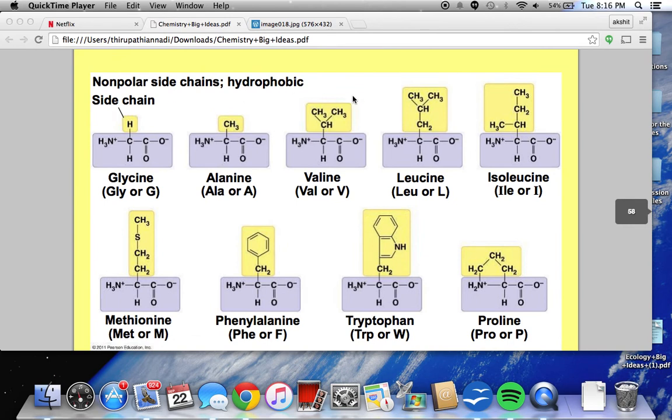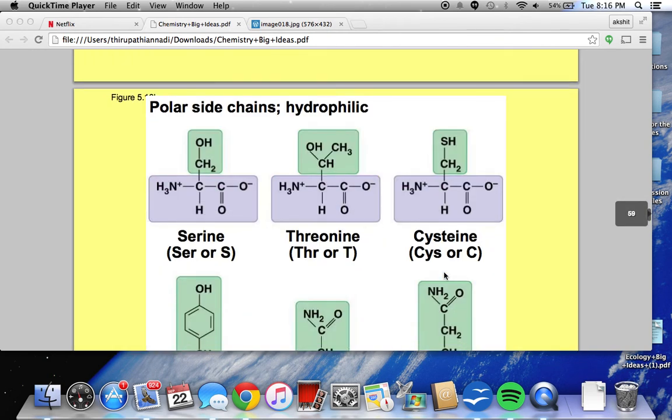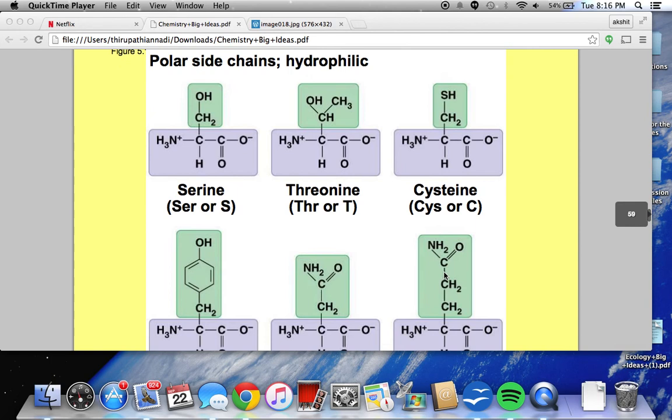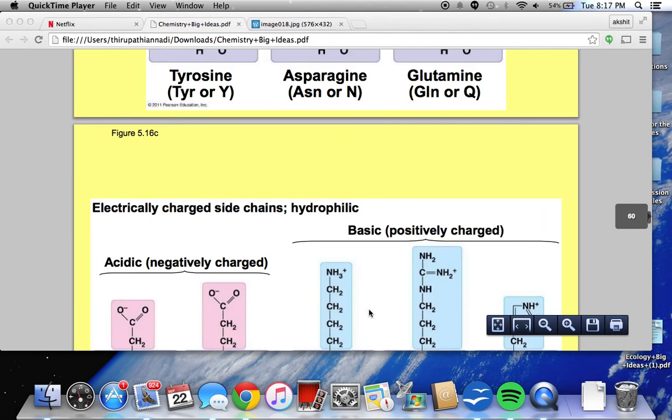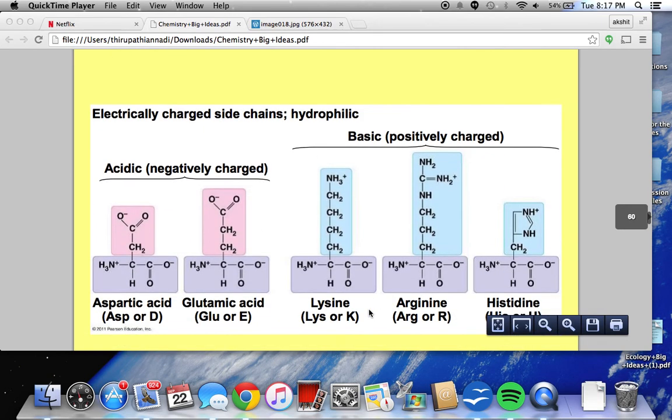These are the non-polar ones. These are the ones that don't like water because they're mostly just carbon and hydrogen. You need to note that they're hydrophobic. These are the polar ones that are hydrophilic because they have a polar group, so they're attracted to water. You can see it's because of some special elements on the ends. And these are the acidic and basic ones.